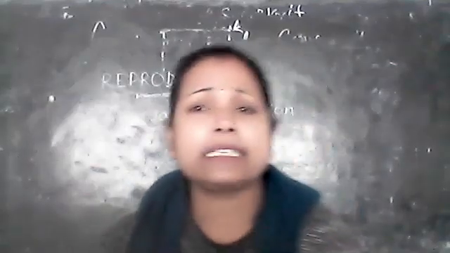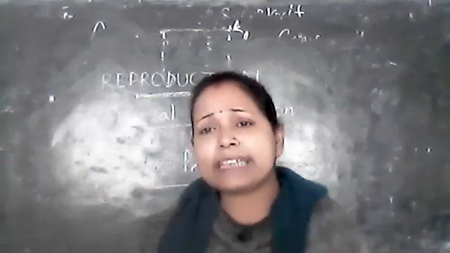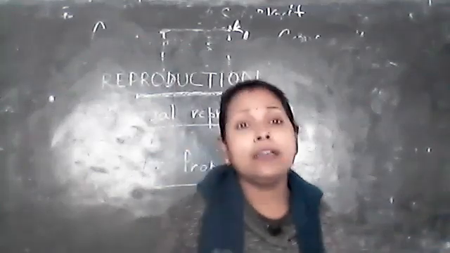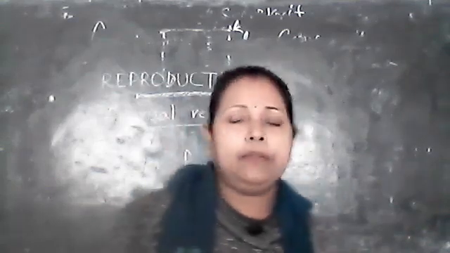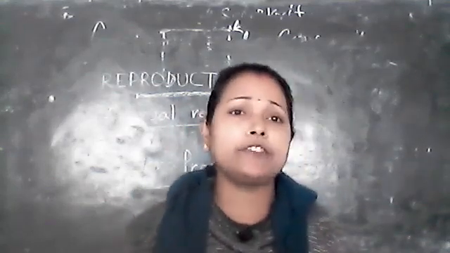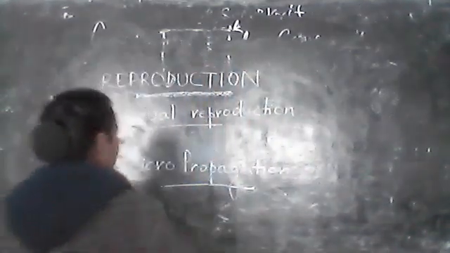Pistil and stamen. Yes, pistil and stamen. Pistil is also called carpel. The next word we can use is, for stamen we use androecium, and for pistil we use the word gynoecium.